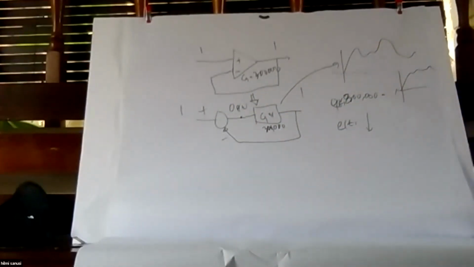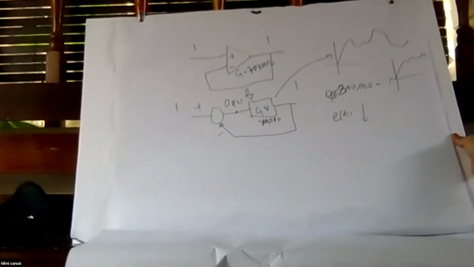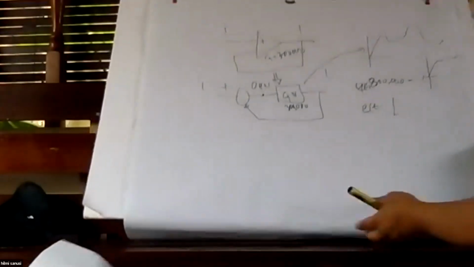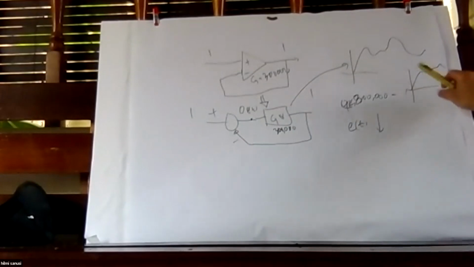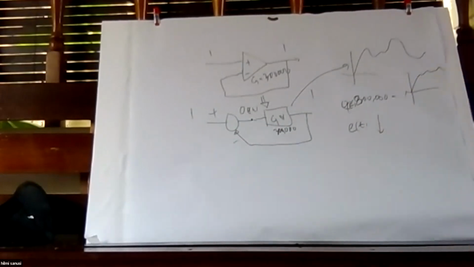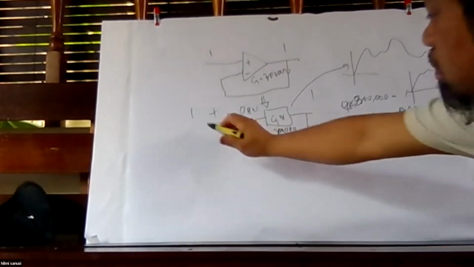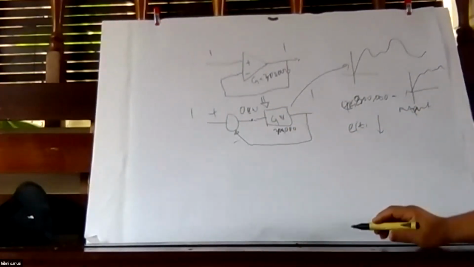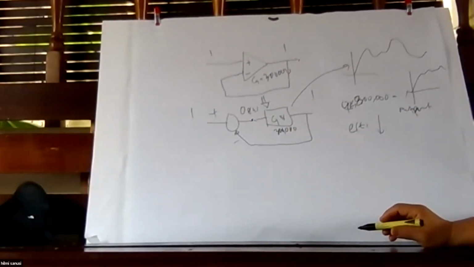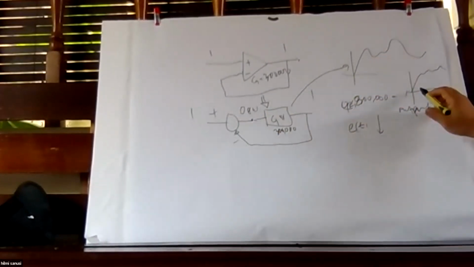So this is the things yang kita nak tengok, how the error will actually behave. Itu yang sebenarnya kita nak tengok. Because this is the output. This output kita tolakkan dengan kita punya input, that will become your error.